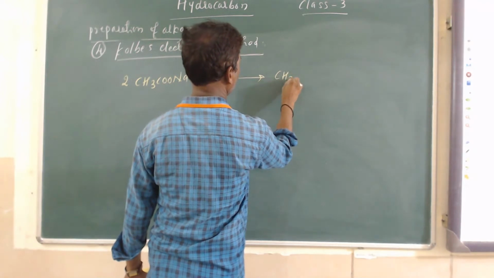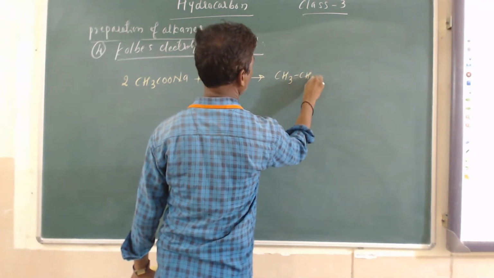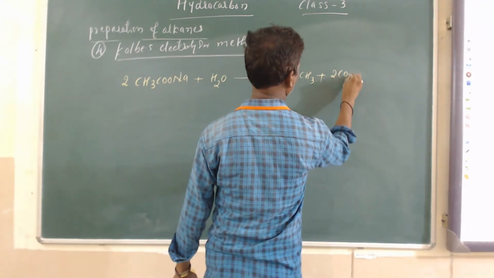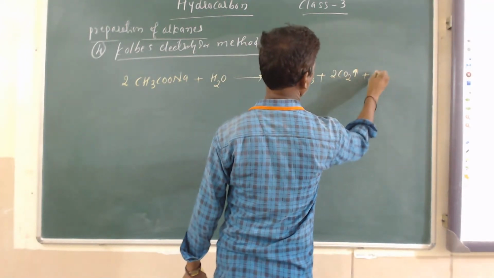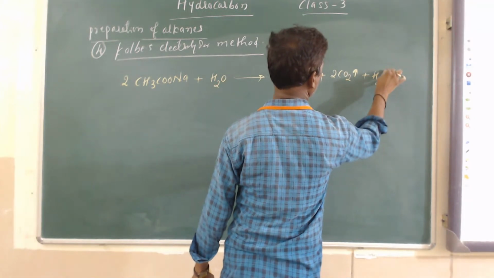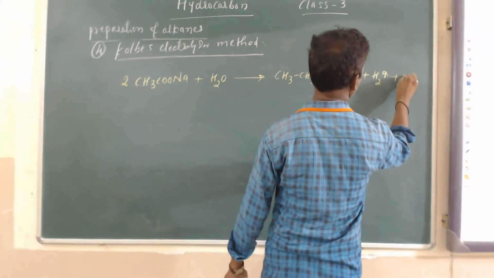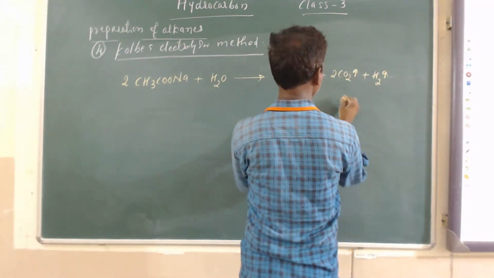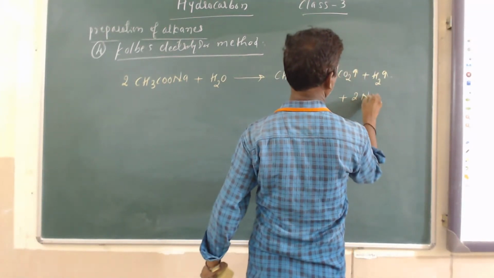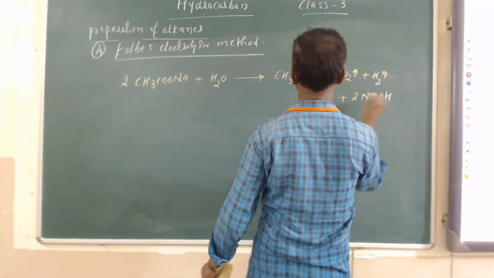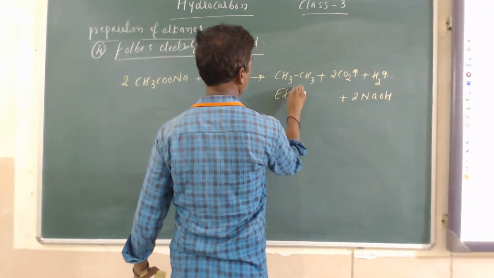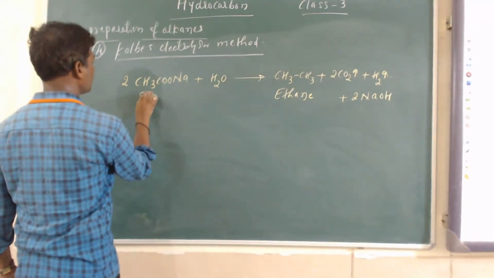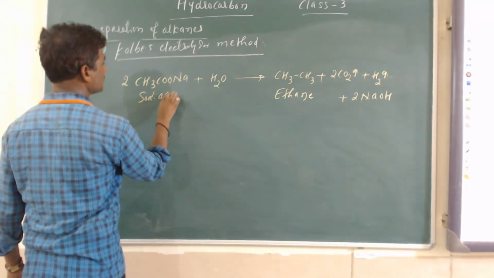It gives ethane, plus water, 2CO2, H2 gas, plus 2NaOH, otherwise I can write 2NaH. So this is ethane, and this is sodium acetate.